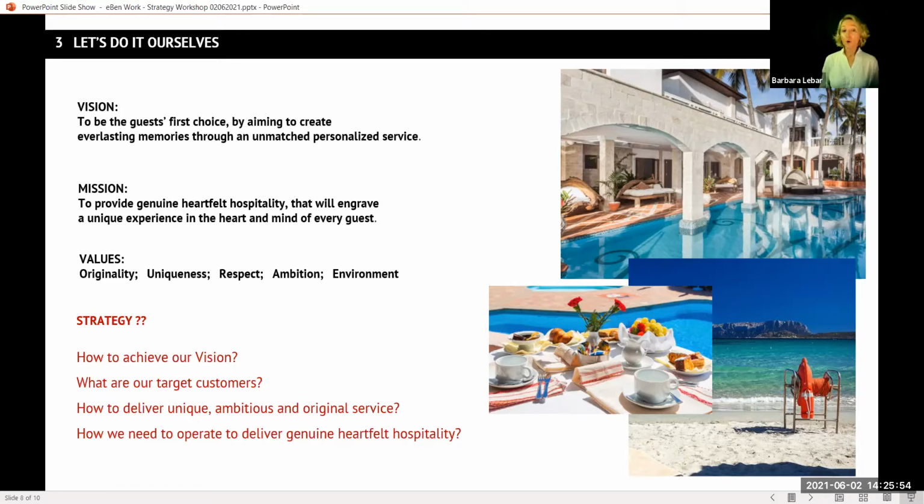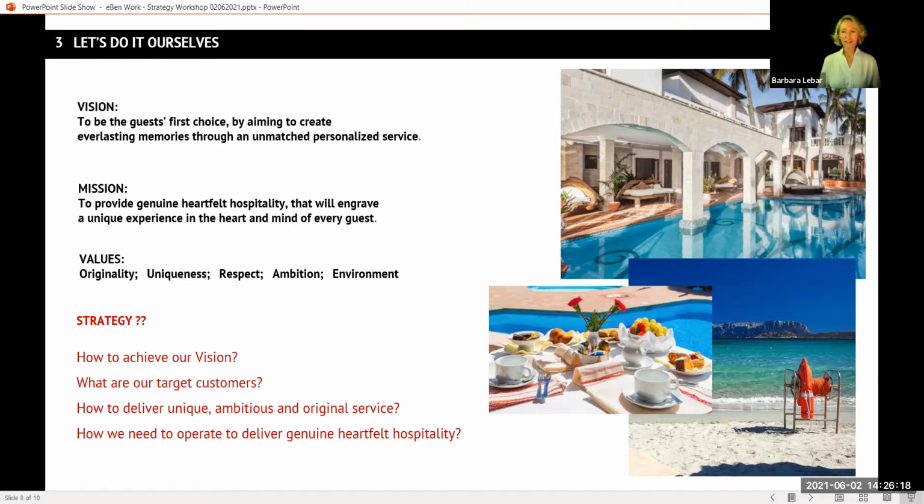Then who would be our target customers? Are these individuals? Are these families? Really think about what would fit best, who would be our target customers? How can we deliver this unique and original service? So how can we really be different from the others?